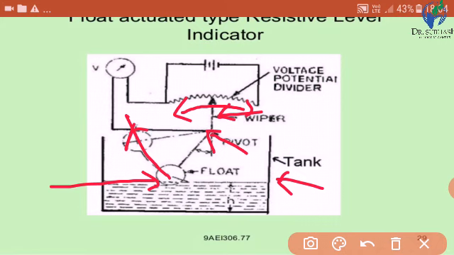Due to this, we can see here a voltage potential divider, so it is directly converted into voltage. So there are two conversions. In the primary transducer there is a float, and the float converts liquid level into displacement. Another conversion takes place when this displacement is converted into electrical voltage. This way we can measure the level using the resistive type method.